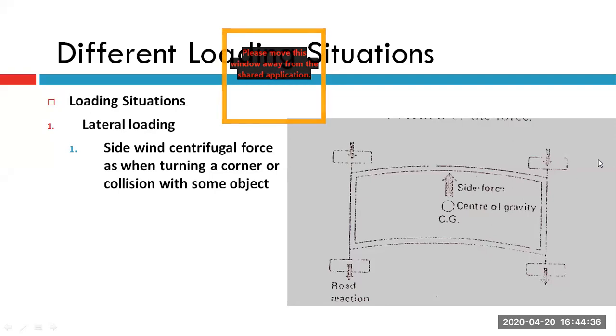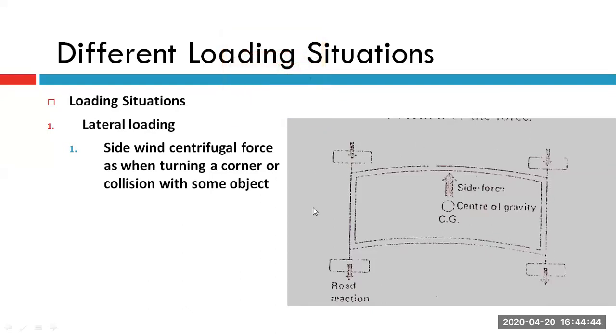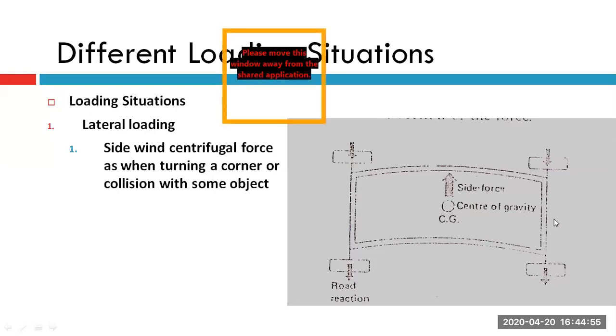Like braking and acceleration, where load is going to transfer from front axle to the rear axle, or from the rear axle to the front axle, in case of lateral loading it is going to transfer from left side towards right side, or from right side towards left side. So that's the difference between lateral load transfer and longitudinal load transfer.